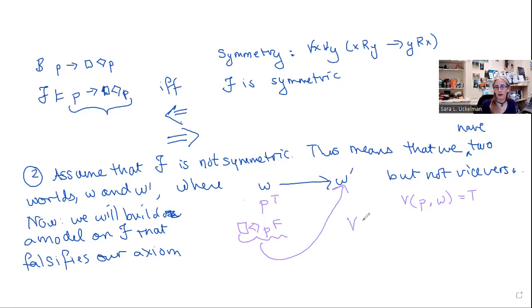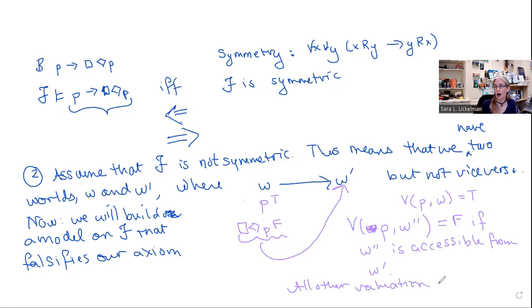So we will set the value of P at any world W2 prime to be false if W2 prime is accessible from W prime. And then all other parts of the valuation are going to be arbitrary because it won't matter.